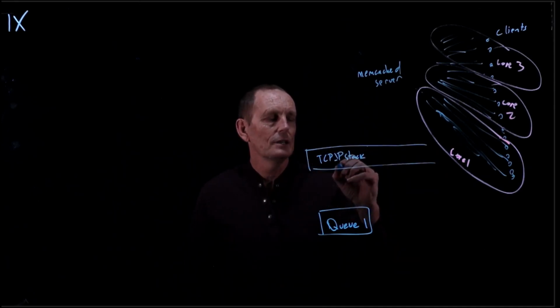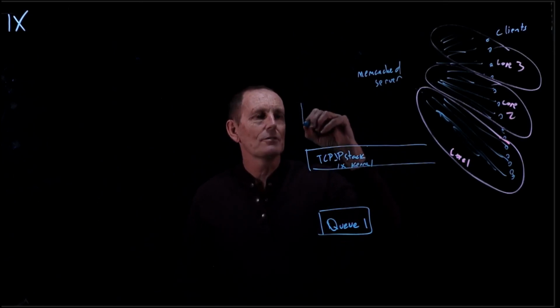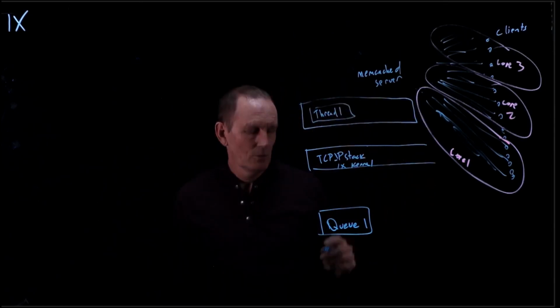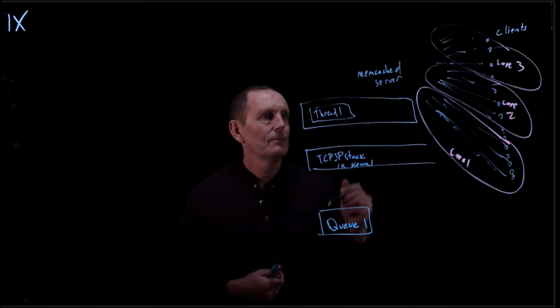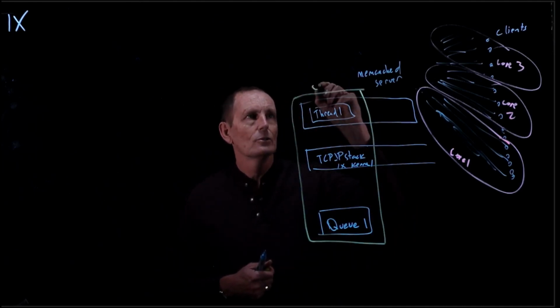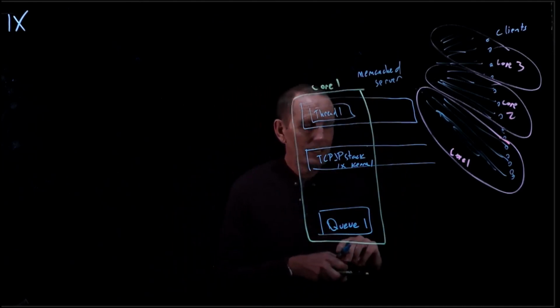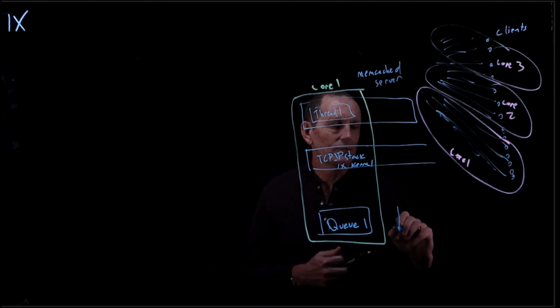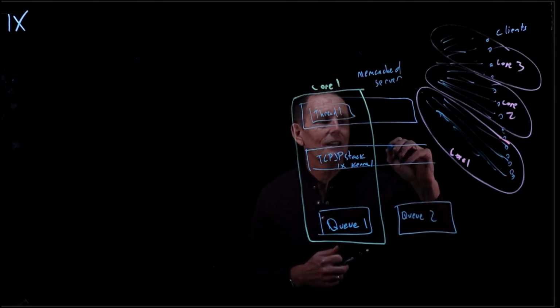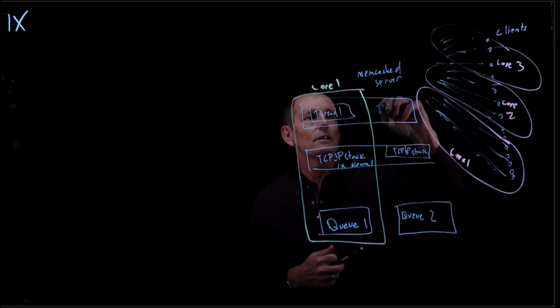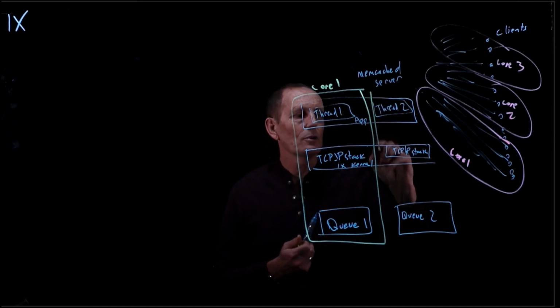So this is in the IX kernel. And the application thread. We're going to have all of these on a single core. And then we can go ahead and have another queue and another TCP/IP stack and another thread for the application on a separate core.